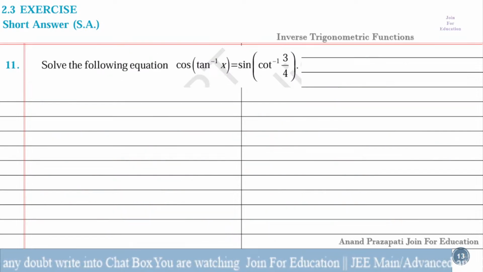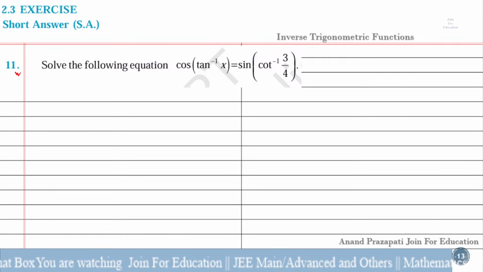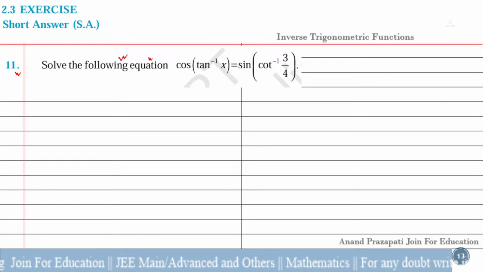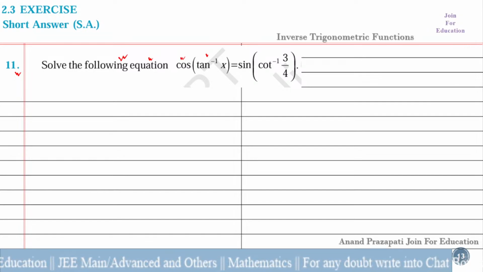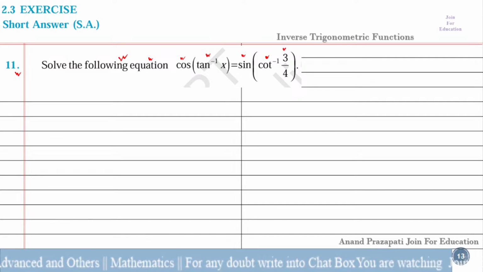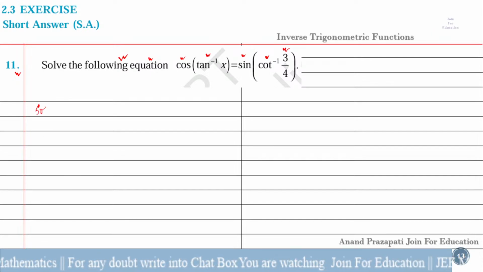Let's see the question number 11. In question number 11, ask us solve the following equation. Cos tan inverse x equal to sin cot inverse 3 by 4. So let's see the solution of this one.